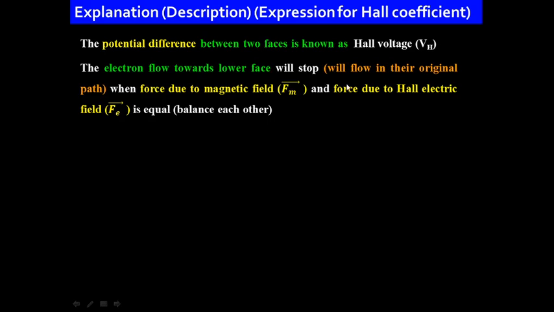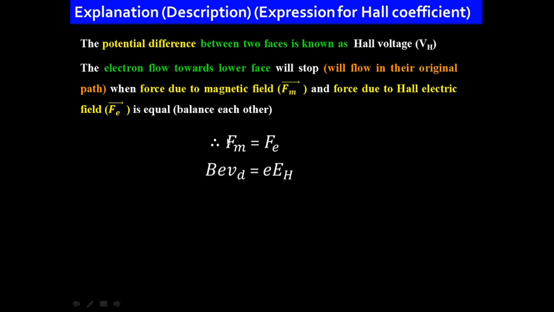The electrons flow in their original direction when the force due to the magnetic field and the electric field balance each other. When the force due to the magnetic field, Fm, and the force due to the Hall electric field, Fe, are equal, the flow of electrons stops. So the condition is Fm equals Fe. We have written these in magnitude terms, removing the vectors.